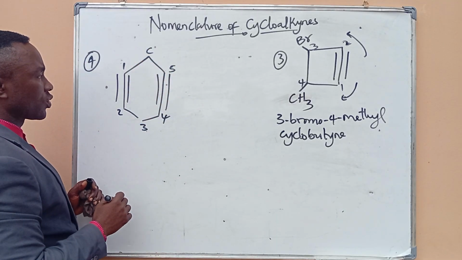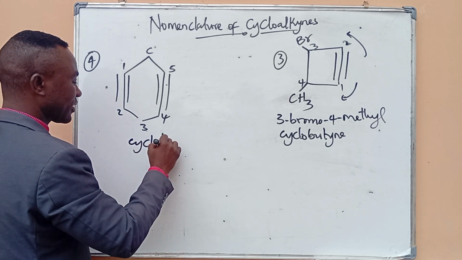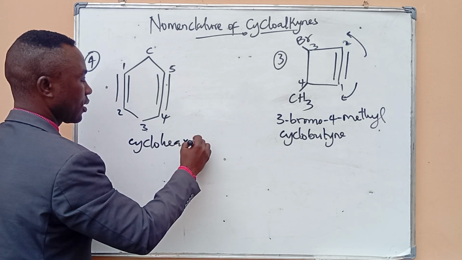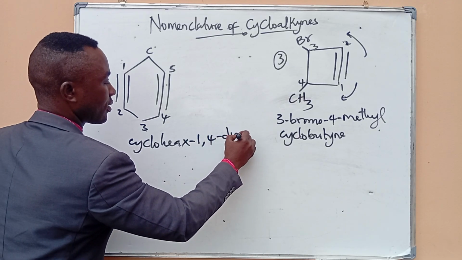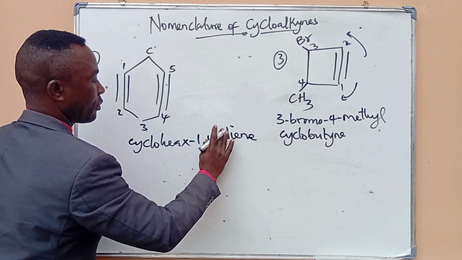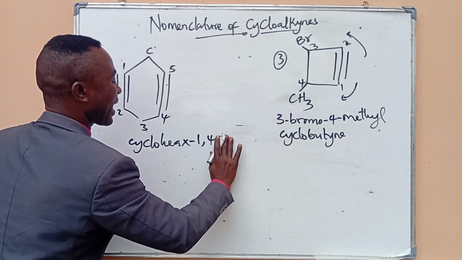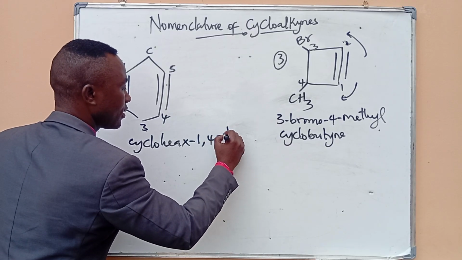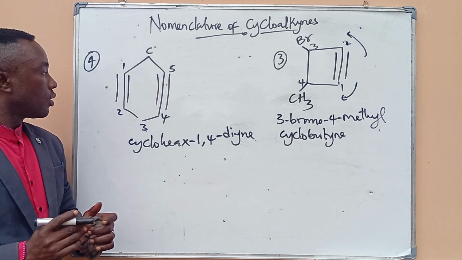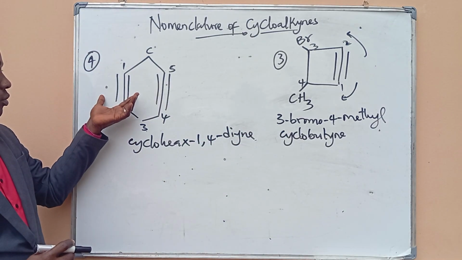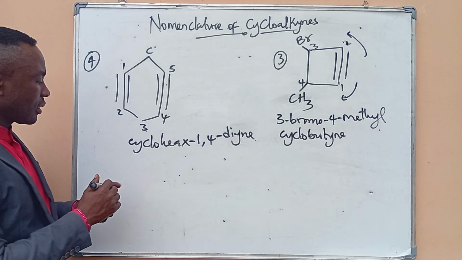So this is cyclohexane 1,4-diene. Triene. Diene.